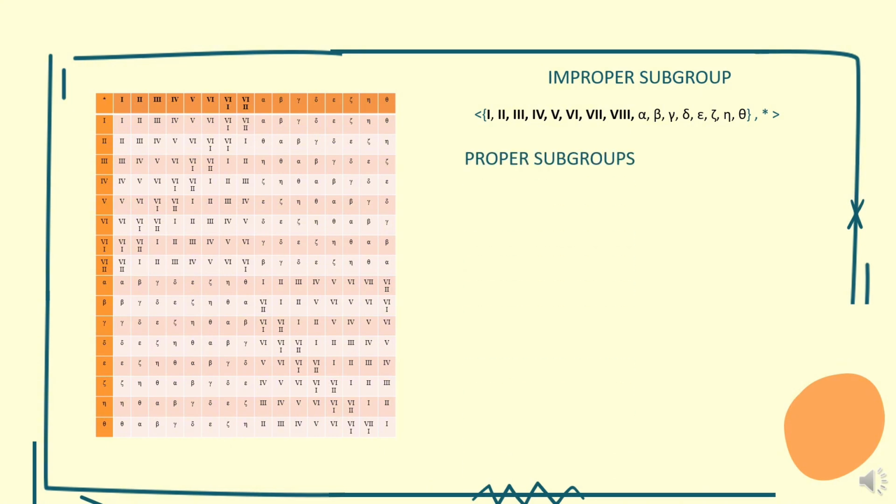So now let's talk about the proper subgroups. Let's enumerate them. Subgroup 1 is Roman numerals 1 and 5 under the binary operation star.